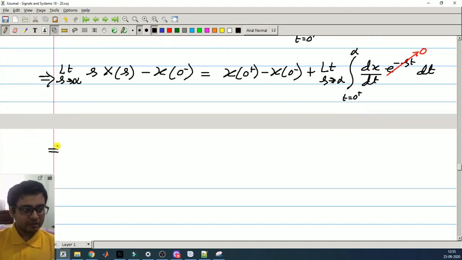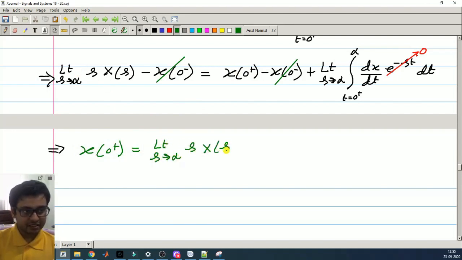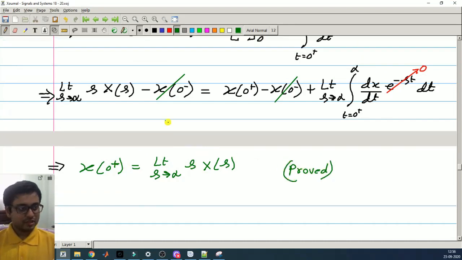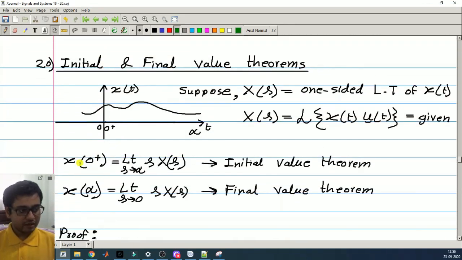So from here now we can write, also you see that this term and this term cancel, so we have x0 plus is equal to the limit s tending to infinity of s Xs, and that is the initial value theorem, so it is proved. Okay, so that was our initial value theorem.